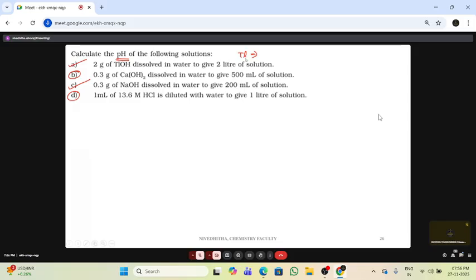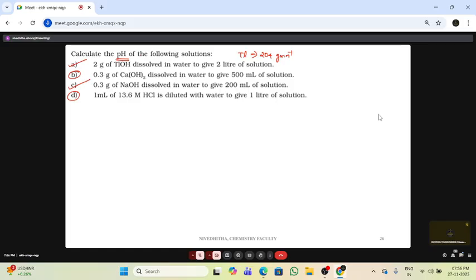I'll give you the atomic weight of thallium, from which you can calculate the molar mass of thallium hydroxide. The atomic weight of thallium is 204 gram per mole. So it is the atomic weight of thallium and not the molar mass of thallium hydroxide. From this, you can calculate the concentration of thallium hydroxide, then the OH minus ion concentration, after which pOH, and finally pH.